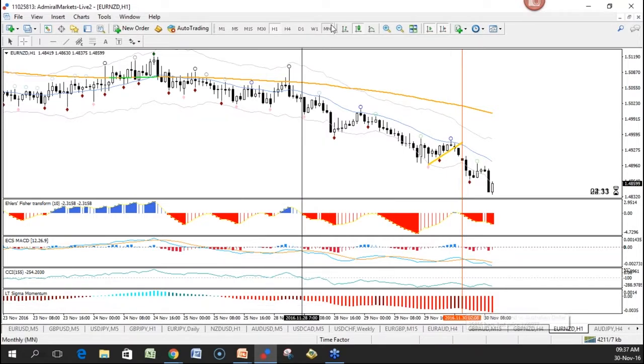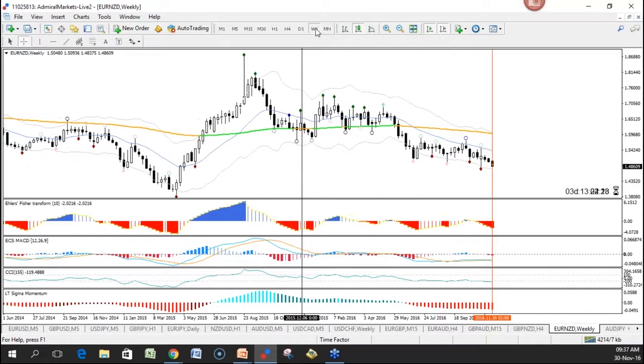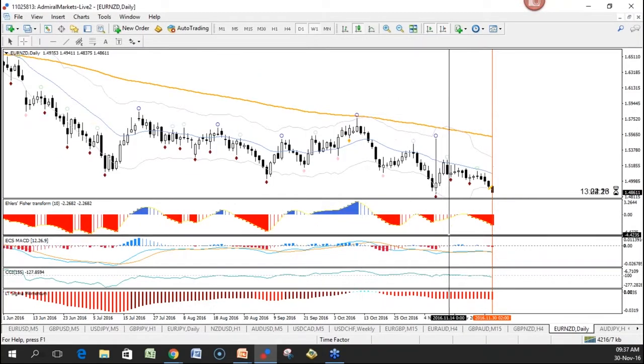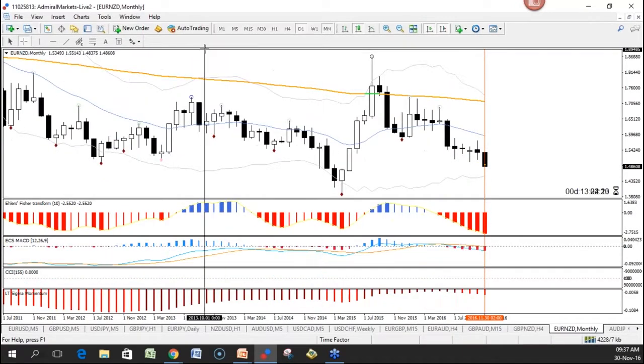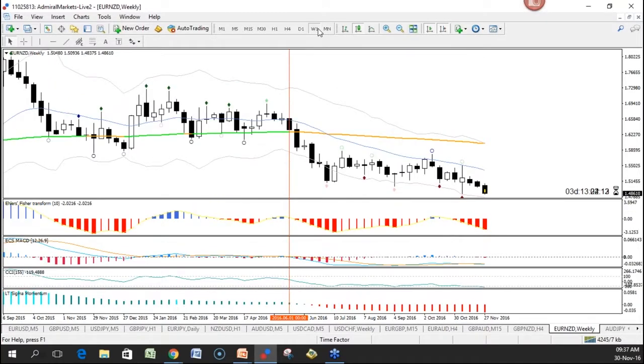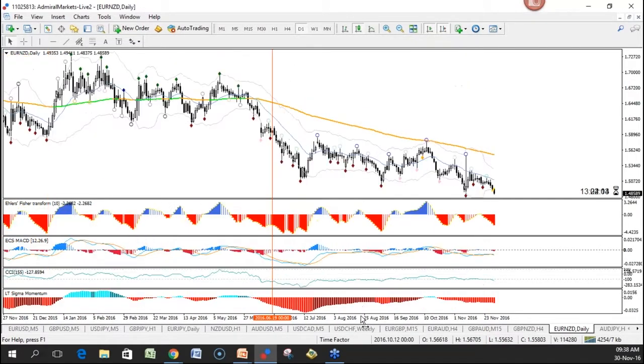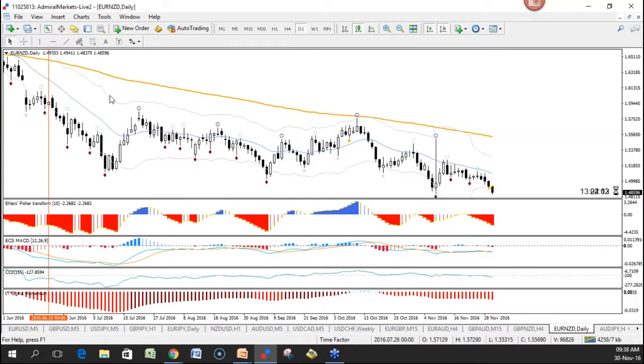On the higher time frame, like the daily for instance, retracements happened here, for instance.